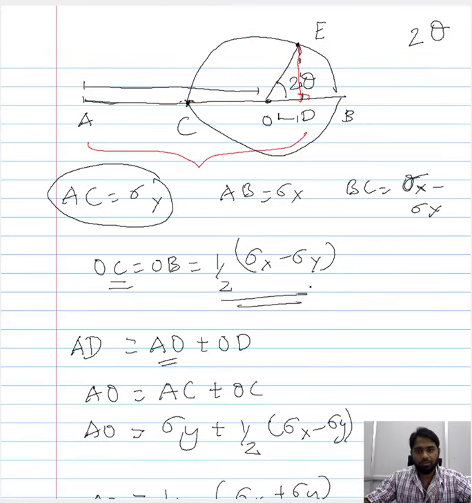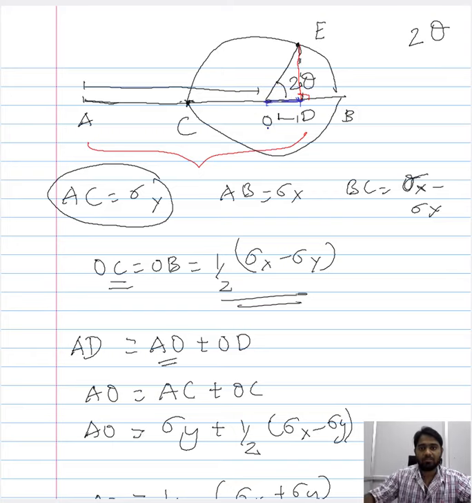And now we want to have an expression for OD. Now, if you look here, OD is this segment. So, let me use say blue. So, OD is this segment, and we want to calculate what this segment is. And for that, we will use the angle 2 theta.